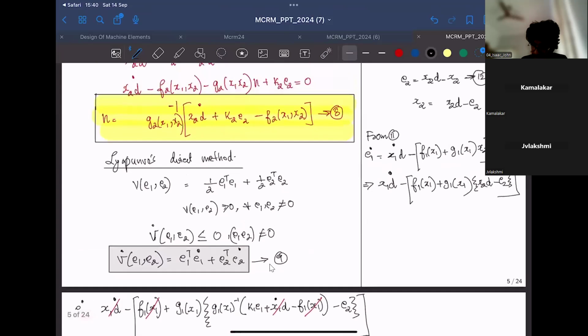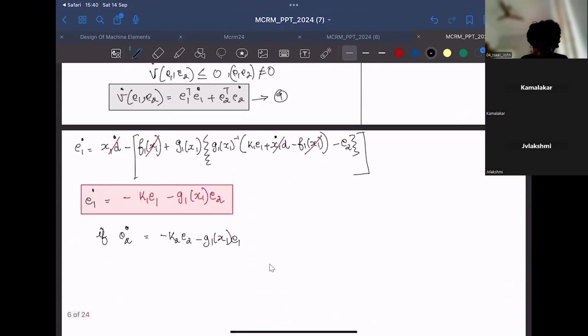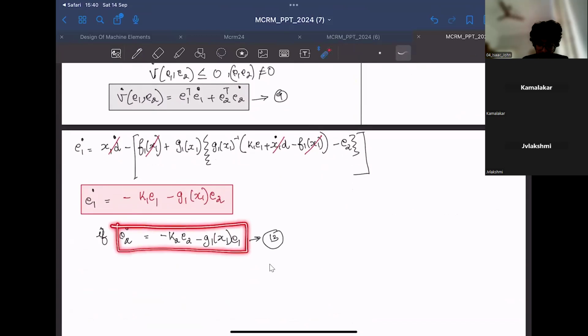I'll label this as equation probably 13. So if E2 dot turns out to be like this, there's a big if over here. So I'll just label this if.